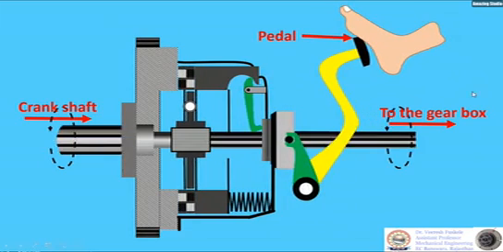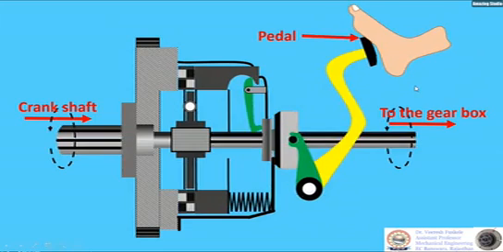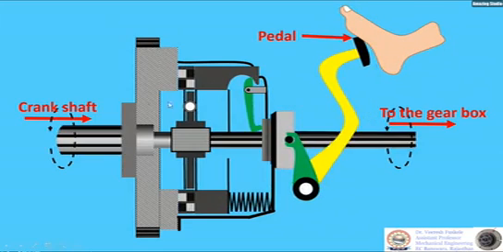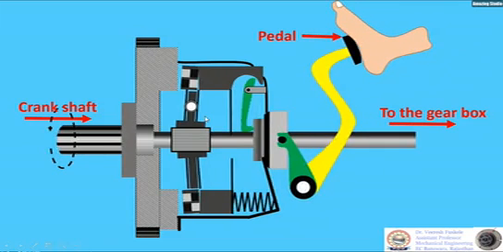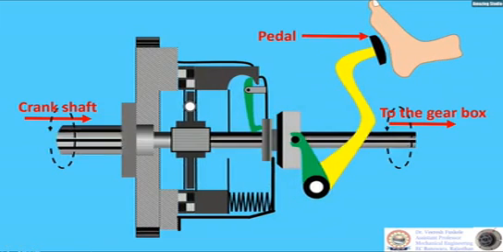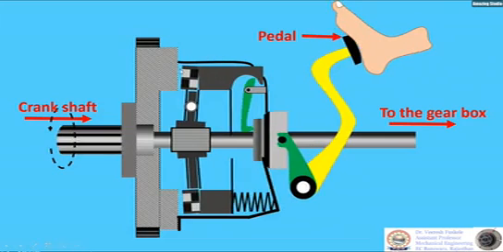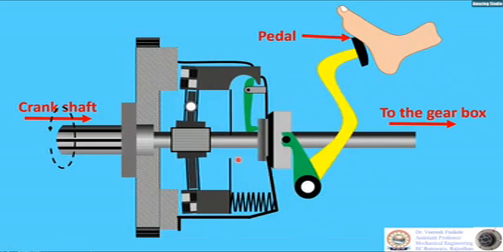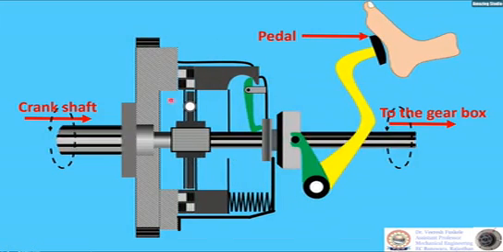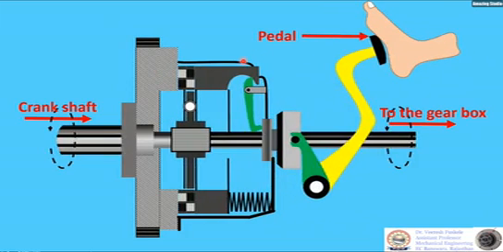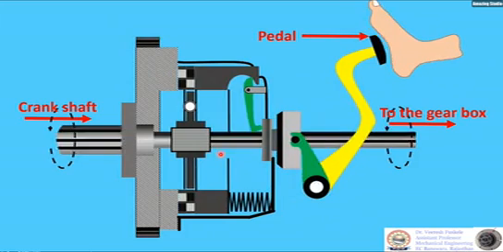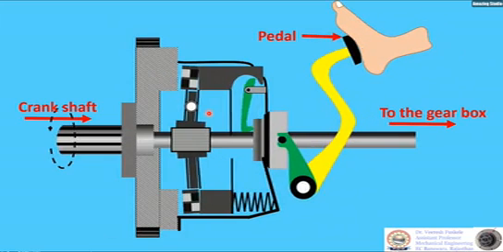When the clutch is going to be engaged, this clutch plate is pushed against the flywheel and there is a speed differential, and due to friction the speed differential is overcome and the torque is transmitted from the flywheel to the clutch plate and they start rotating as one, and that is why this is called a friction clutch.